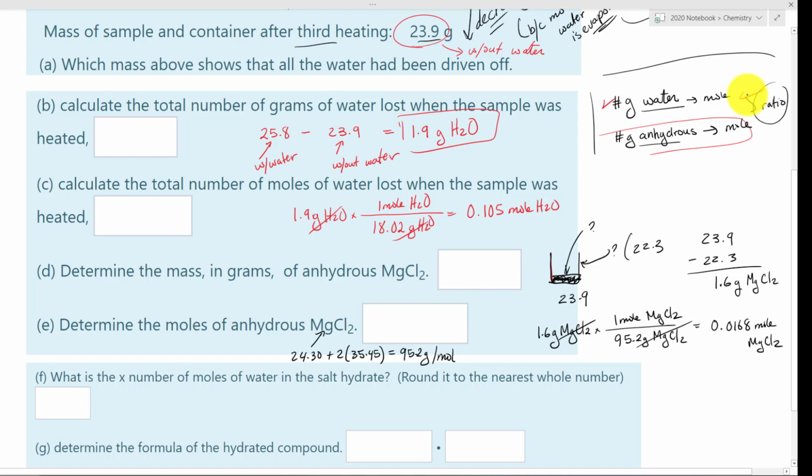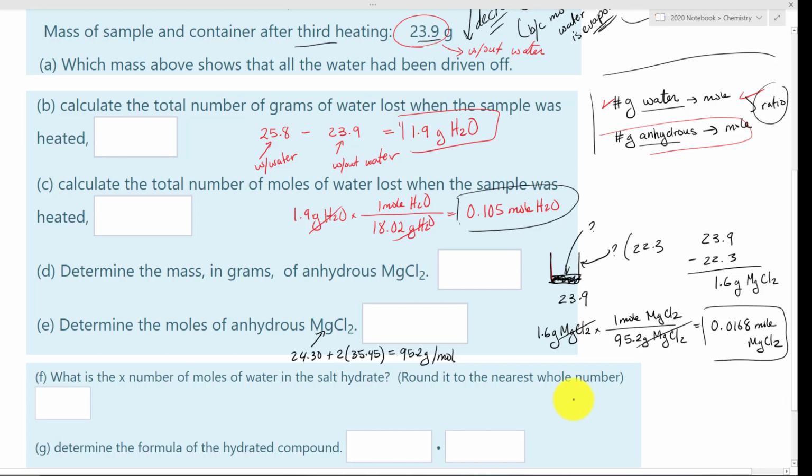So when we create a mole ratio, it's always the smallest number on the bottom. The whole point of creating a ratio is we get the whole number. The only way you get a whole number is you have the larger number on top. So between these two right here, this one and this one, which one is larger? This one is larger. So our ratio is going to be what? Now we're going back to the ratio.